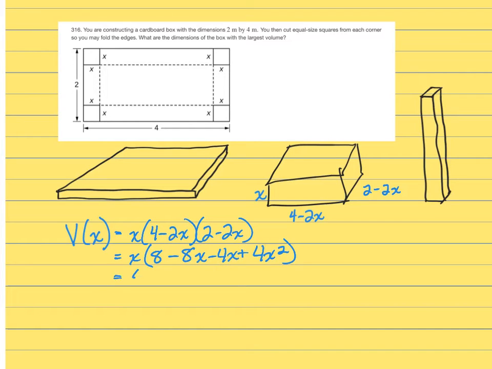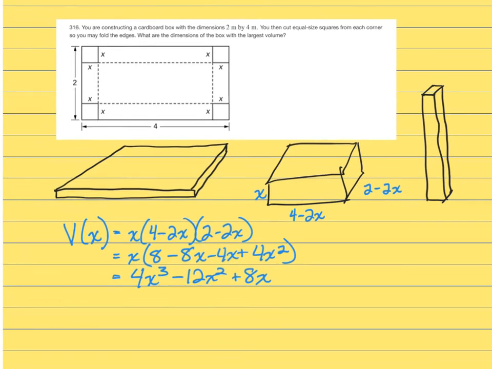And so that's going to be 4x cubed minus 12x squared plus 8x, assuming we did all the math correct there. All right, so that's our formula for the volume. And so that's what we want to maximize.